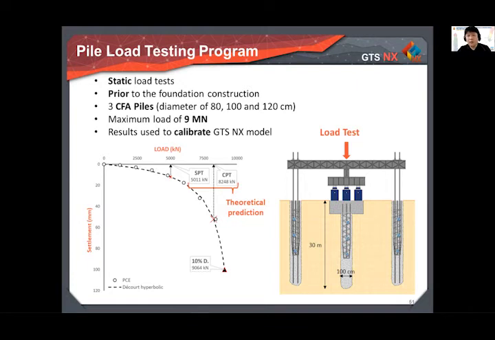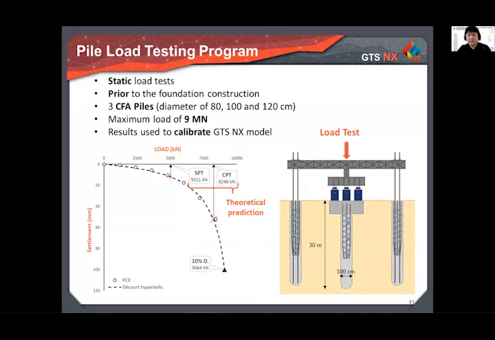The static load tests were undertaken prior to the foundation construction, which allows a better understanding of the behavior of piles. The results of the pile load tests were compared to the values obtained by the empirical approaches using the SPT and CPT methods. As can be seen in the load settlement curve, there is a difference between them.